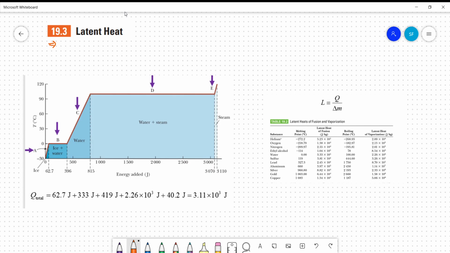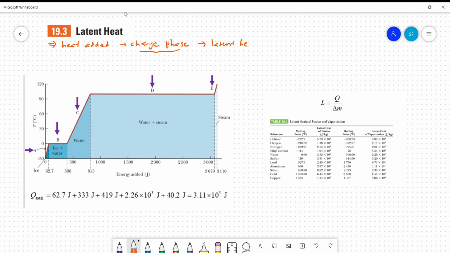So here, the heat added is not to increase the temperature, but to change the phase of the system. Whenever heat is added and it contributes to the change of phase of the substance, the energy required is known as latent heat.